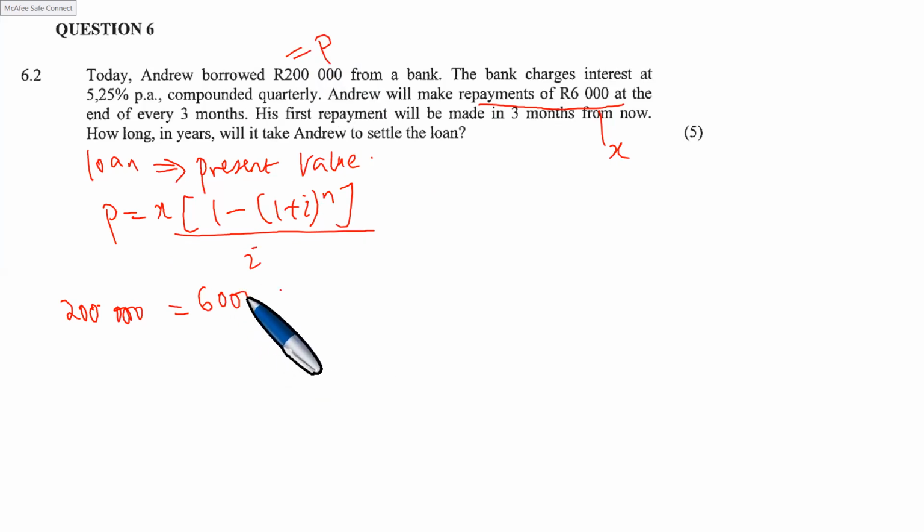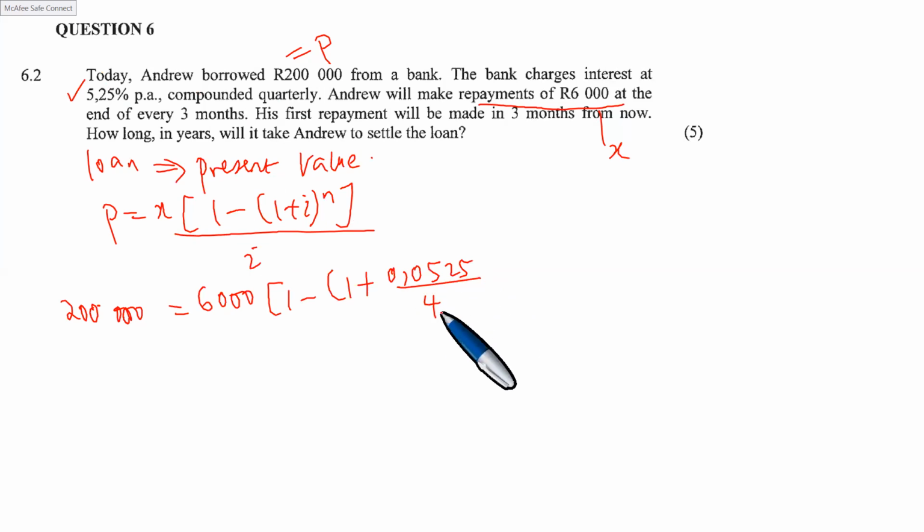So this one is 6,000 into 1 minus 1 plus, what is i? i is this one here, 5.25%. You divide this by 100, but it's compounded quarterly. Dividing 5.25 by 100 gives us 0.0525. You divide everything by 4 because it's quarterly.